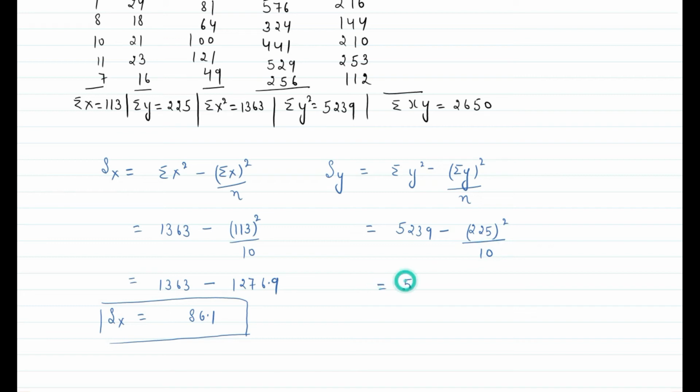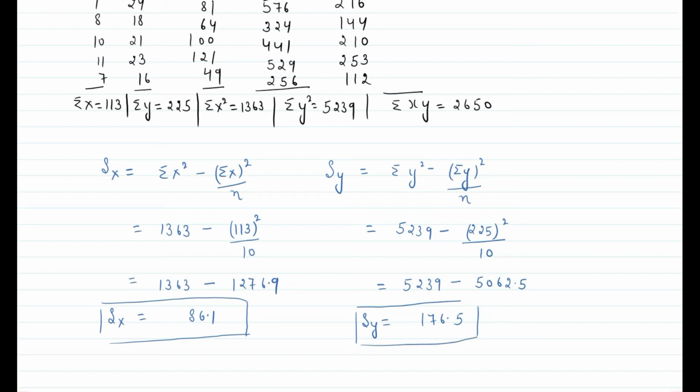So 5239 minus 225 whole square divided by n, which comes out to be 5062.5, and after subtracting we get 176.5. So the standard deviation of y is 176.5.